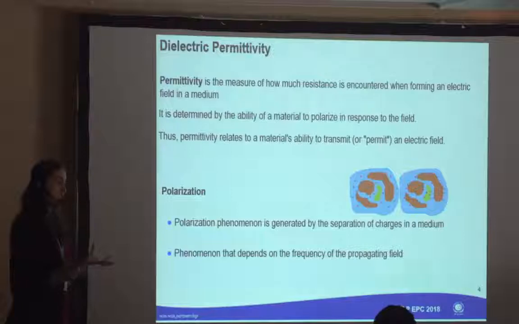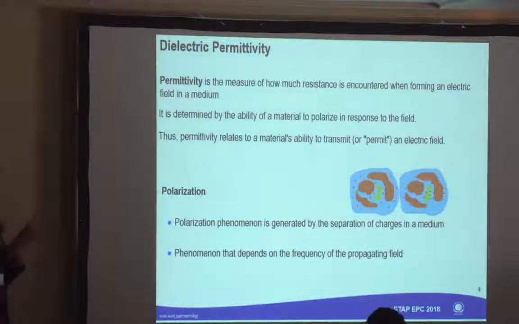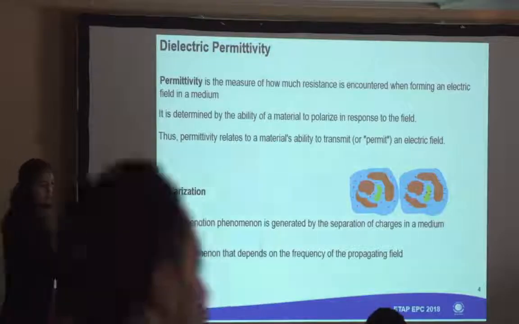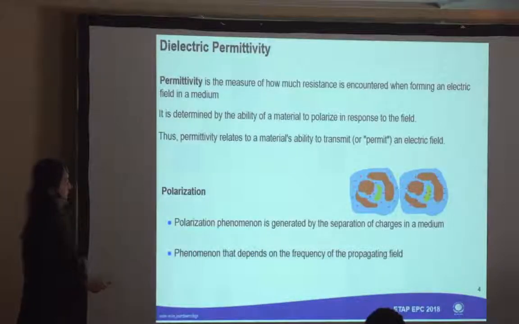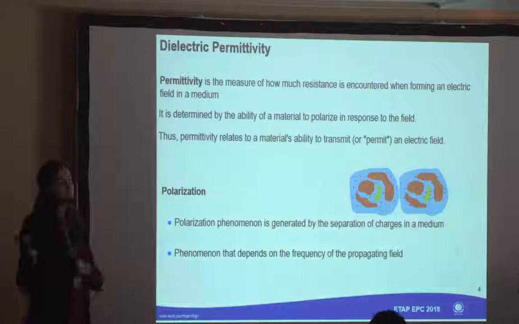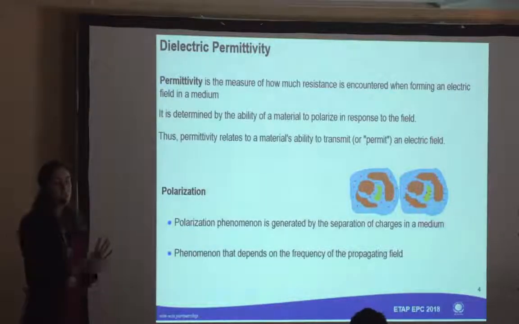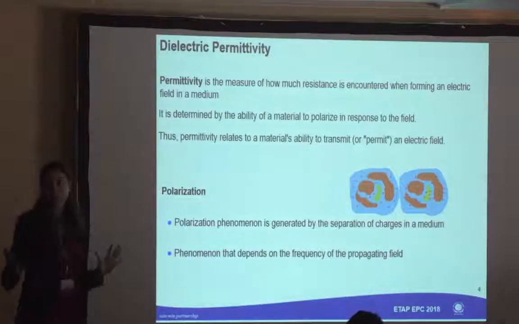And this polarization is the phenomenon where there is a separation in a medium between two different charges, negative and positive charges. And this phenomenon depends on the frequency. The degree of polarization changes as a function of the frequency of this electromagnetic field that we are applying on a formation.